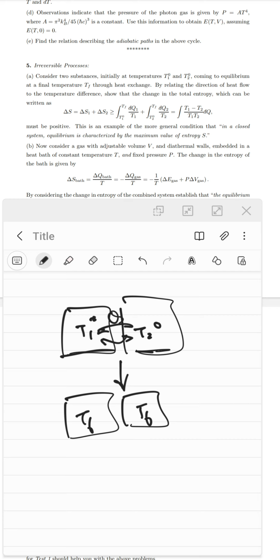It's through heat exchange, so there's nothing else happening. And even if there is work, we don't really care, because the heat transfer is supposed to be the same. So this is an example of a more general condition: in a closed system, equilibrium is characterized by the maximum value of the entropy.